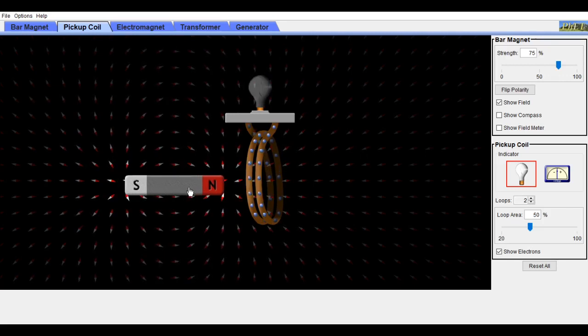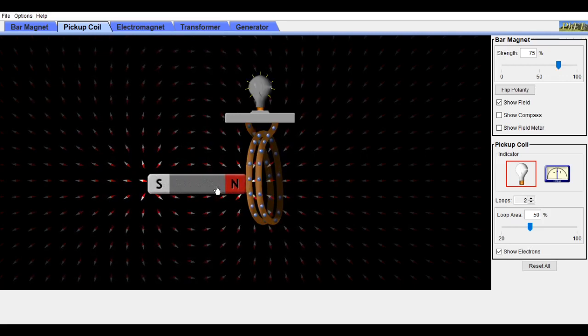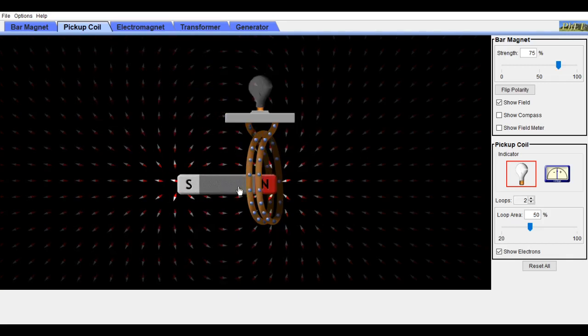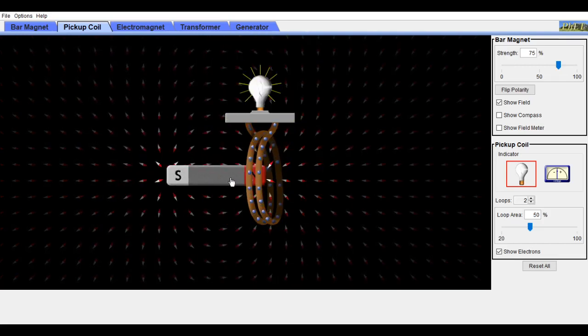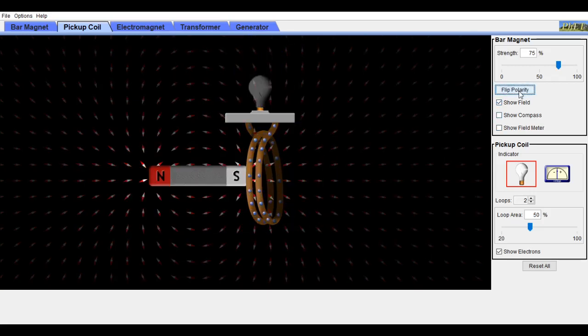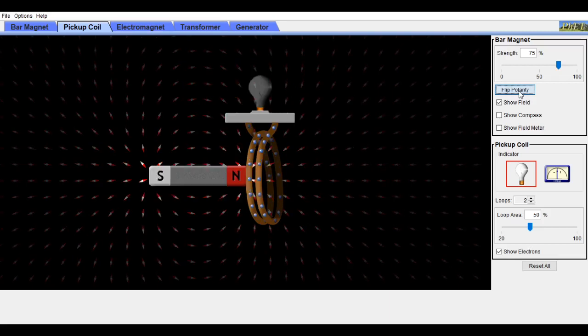When I put this north pole near the coil of wire, it experiences a greater magnetic field, and when I move it away, it experiences less magnetic field. Doing it repeatedly, the coil of wire will experience this changing magnetic field. As with a change of polarity, for example, if I flip the polarity here, I change the magnetic field's direction.